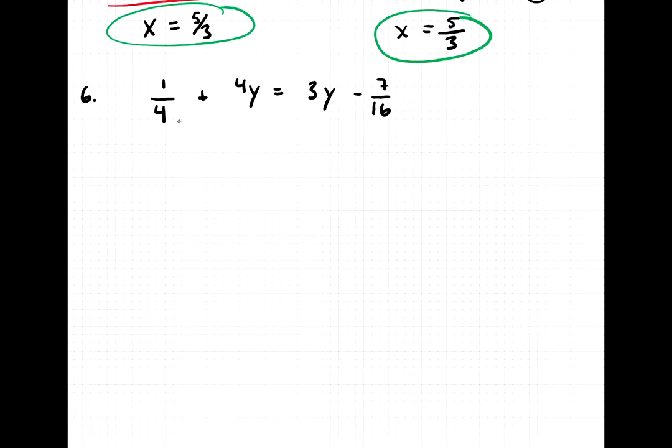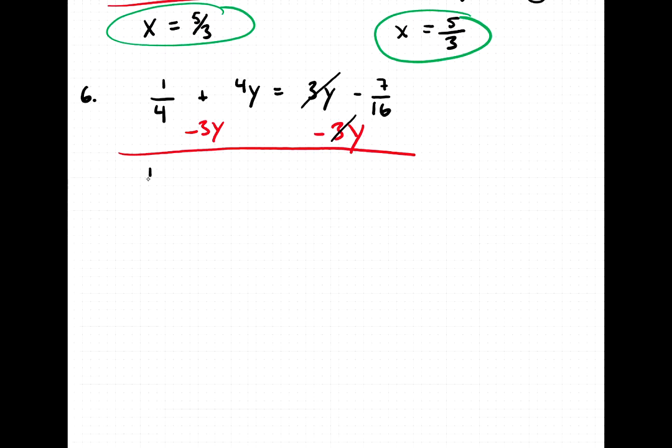So we have this 1/4 on the left. Let's get rid of that. And then we have this 3y on the right. Let's get rid of that. So let's put all the y's on the left-hand side. We could start the problem off by subtracting 3y from the left and 3y from the right. That will cancel off the y's on one side.